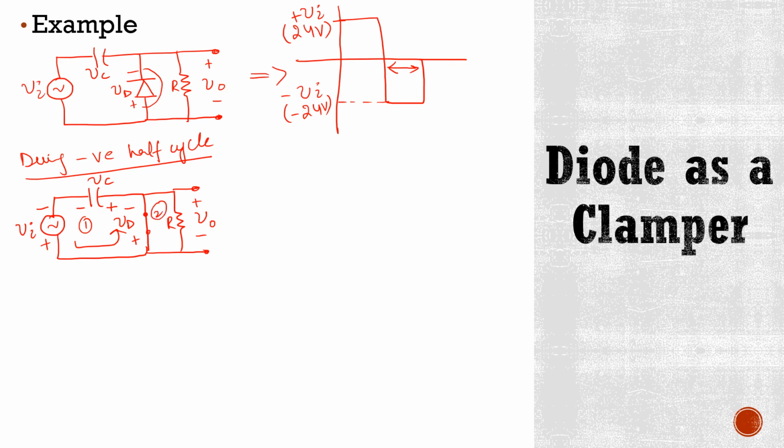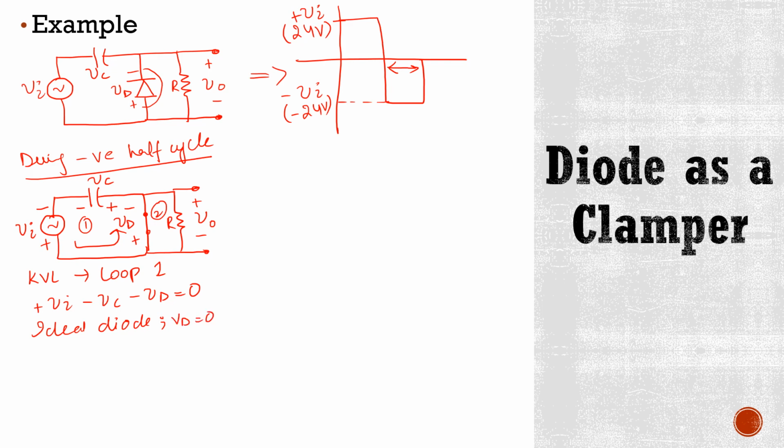Now this is loop 1 and this is loop 2. If we apply KVL in loop 1, our equation will be plus VI minus VC minus VD is equal to 0. If this diode is ideal, then VD is equal to 0.